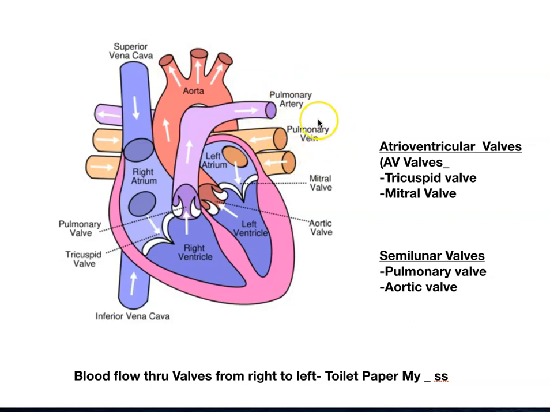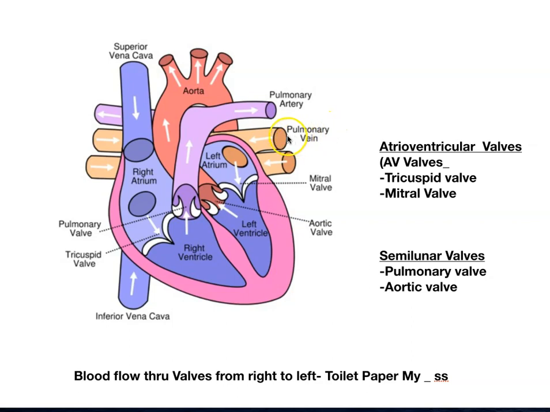This pulmonary vein, it's a vein, but it's oxygenated. So keep that in mind. But this is carrying blood towards the left heart from the lungs, and this is oxygenated blood. If you have problems with understanding that, ask me.